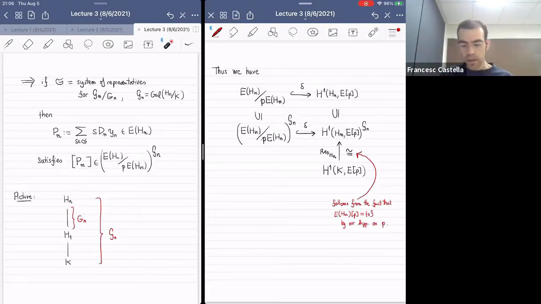I won't go into the details of this little calculation, but the kernel of this restriction map will be controlled by some H0 and the cokernel by some H2, but both will vanish whenever this condition holds.